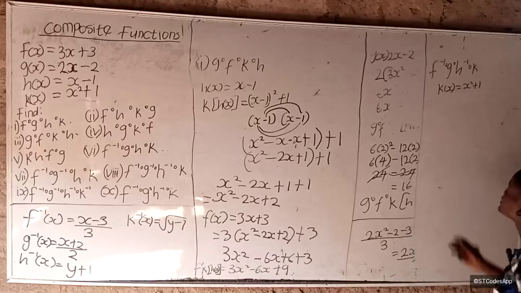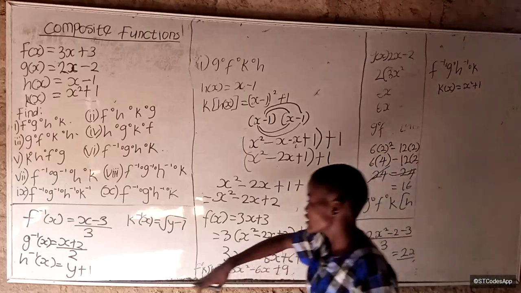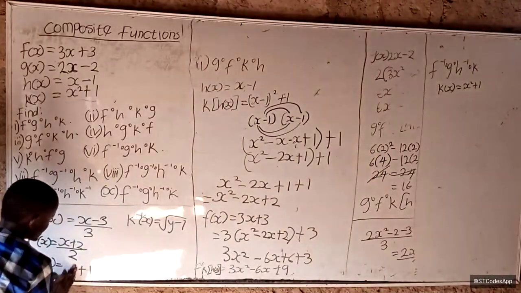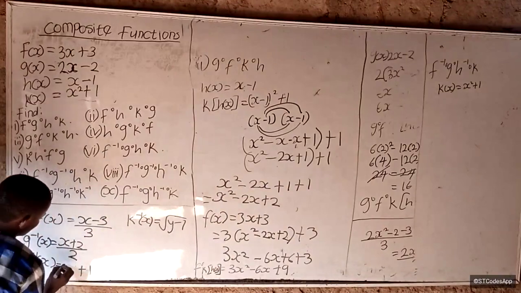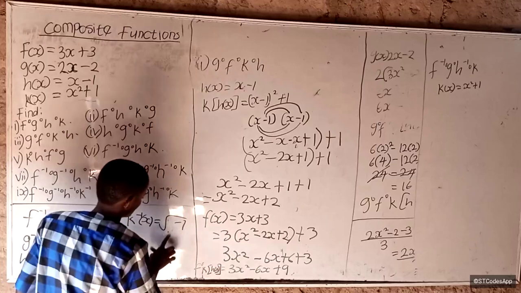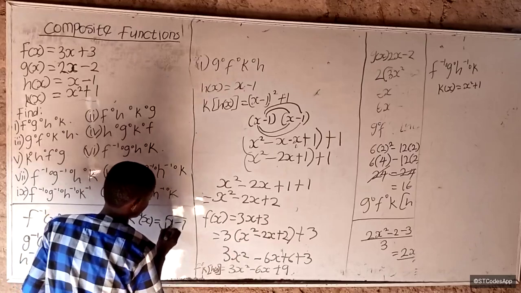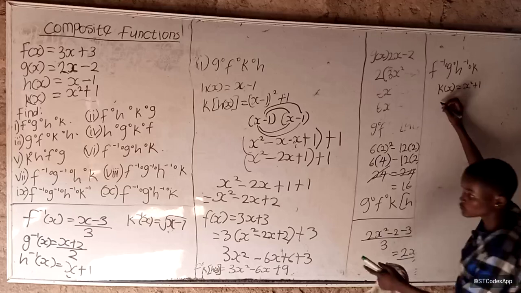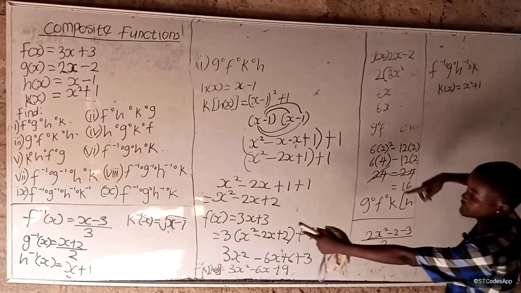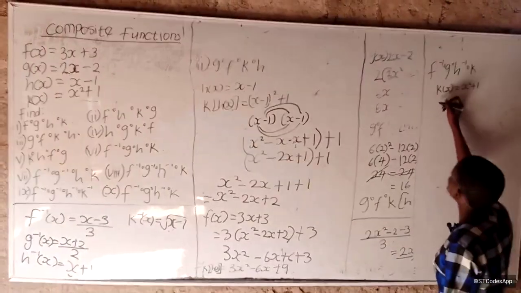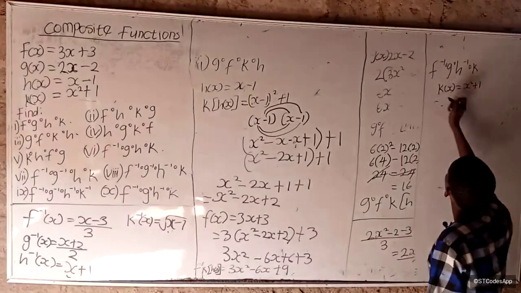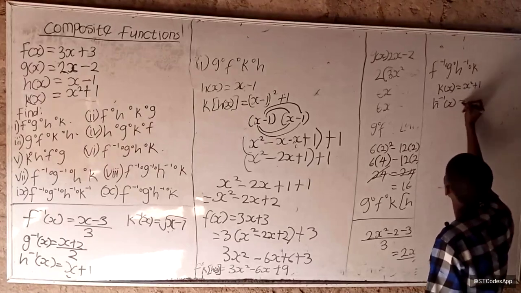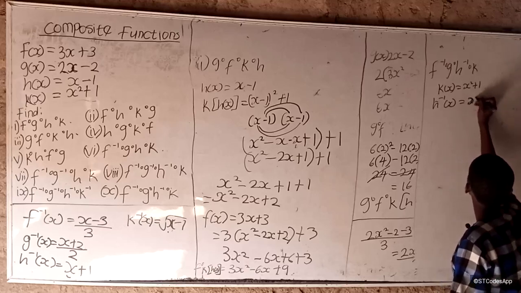So we are going to input this value into the h inverse of x, which will be x plus 1. That's a mistake earlier. So we're going to input this value into our h inverse of x, which is x plus 1.